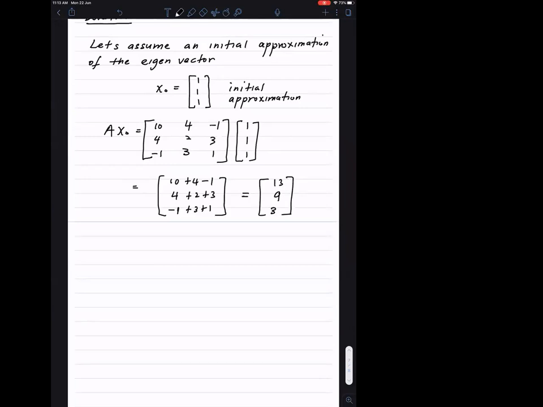So you guys know how to do this, right? Matrix. 13, 9, 3. So you factor out the largest number. The largest number in this vector, in this matrix, what is the largest number?